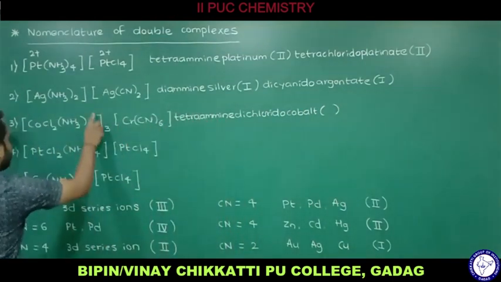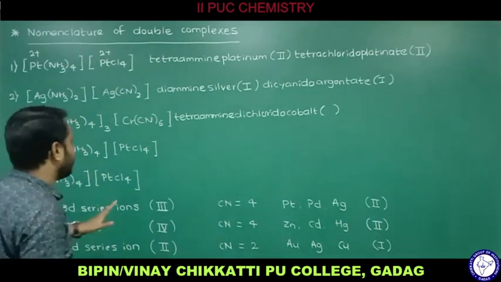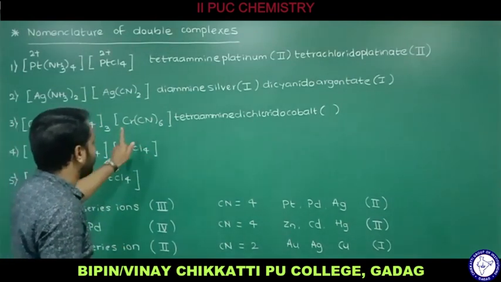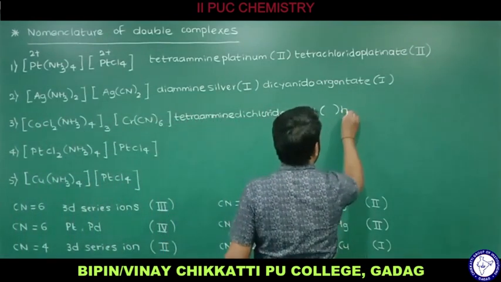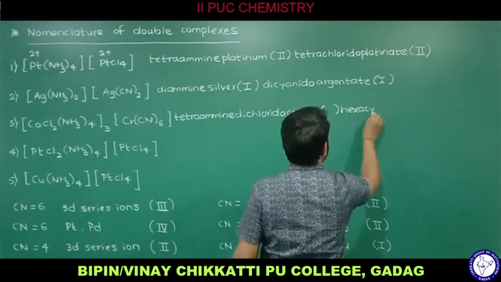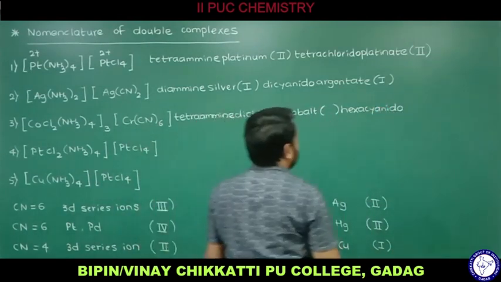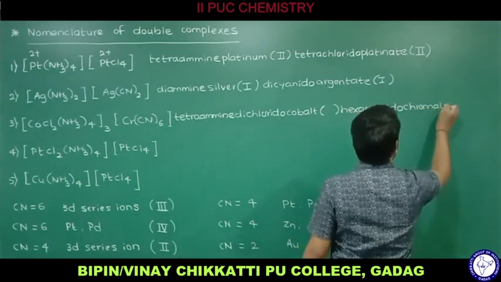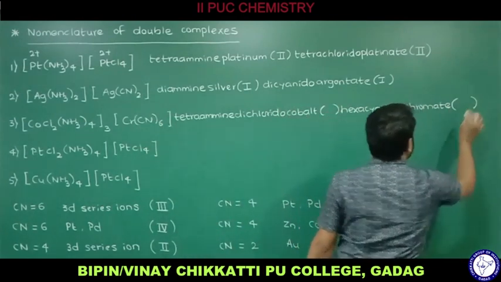Of course, we have square bracket with 3, and we are going to name it for only one complex. You try to know about that one. Similar examples we have solved. Next, I will come to the next complex, Cr(CN)6. So, hexacyanido, Cr we have, chromate, because it is an anion complex, hexacyanidochromate, and we write the oxidation number.